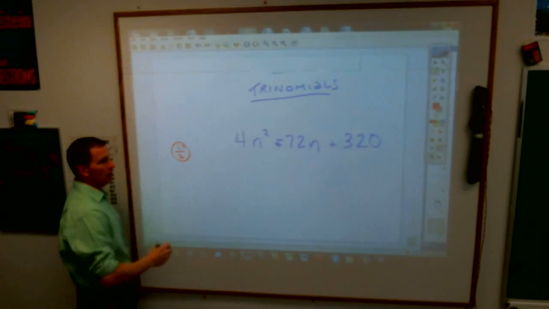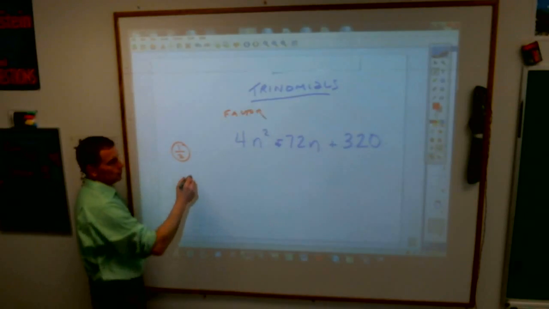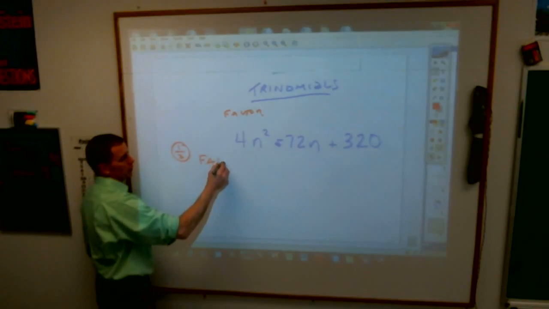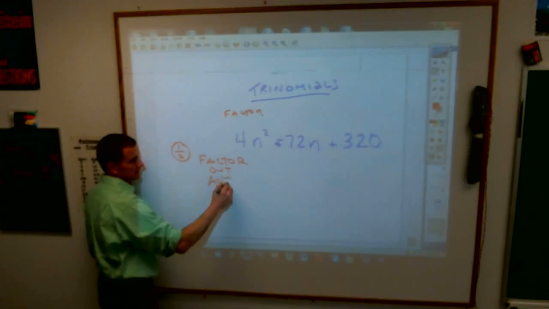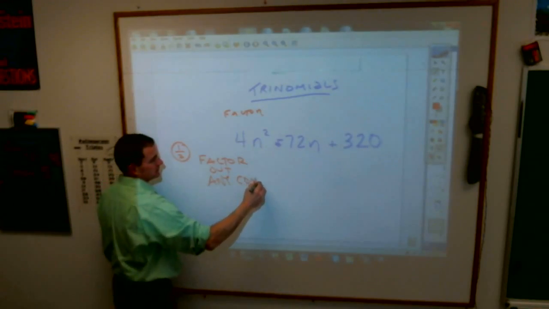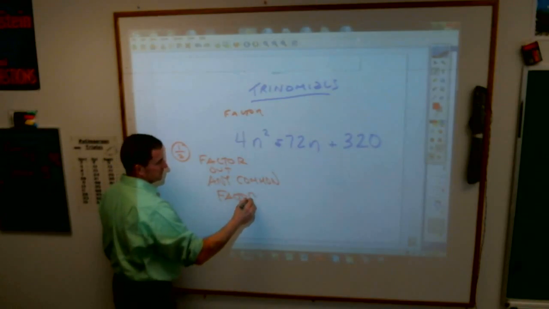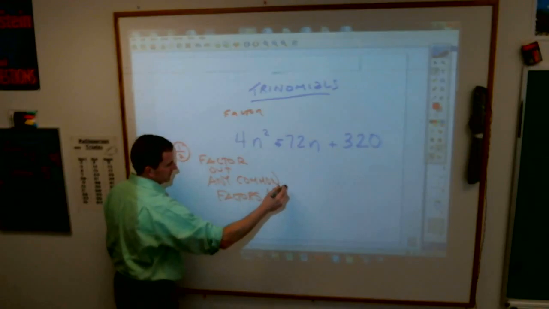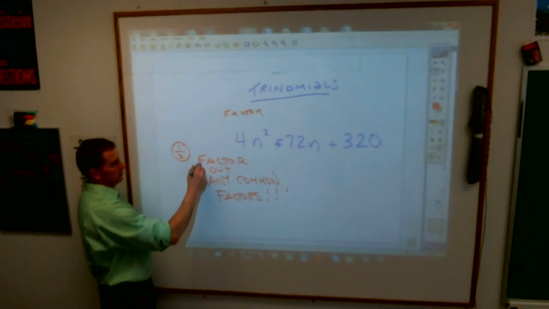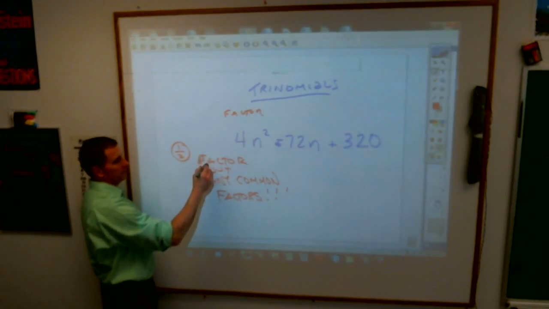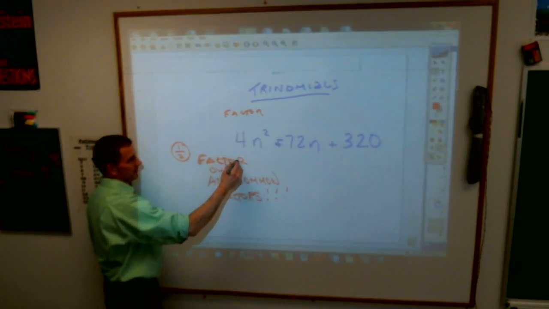Your first step, always, always, always, when you're asked to factor, is to factor out any common factors, which will mean nothing to you until we do this. Put triple exclamation points, because it is one thing that gets forgotten all the time, and I forgot this. You should have been able to do this. This was my fault. I will take blame on this.